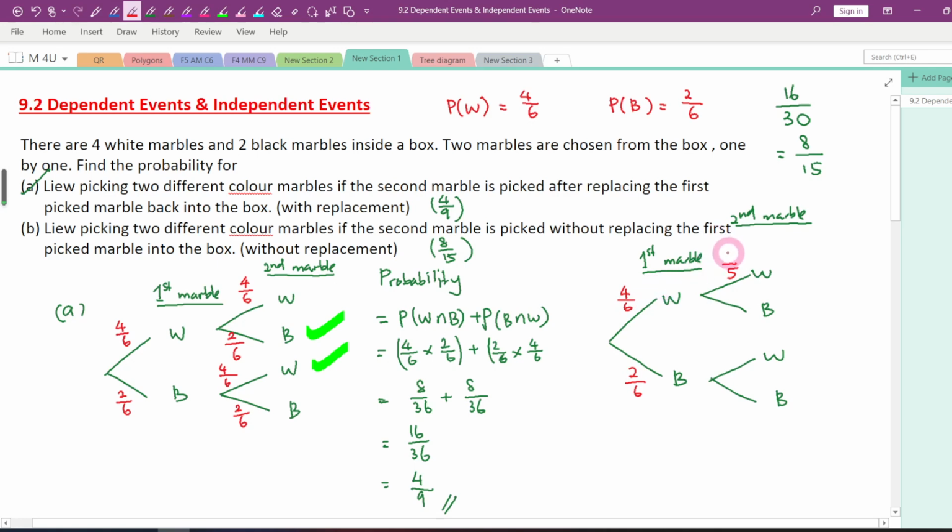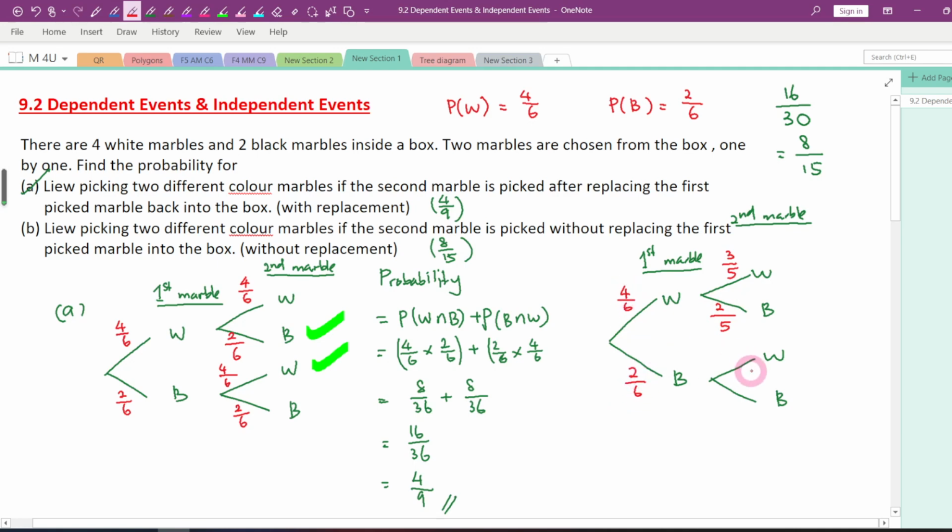So now it will be 3 only. Okay, so here still the same 5. Black we have 2. So after writing the probabilities, always double check that the sum of the probabilities for all the branches here must be equal to 1.